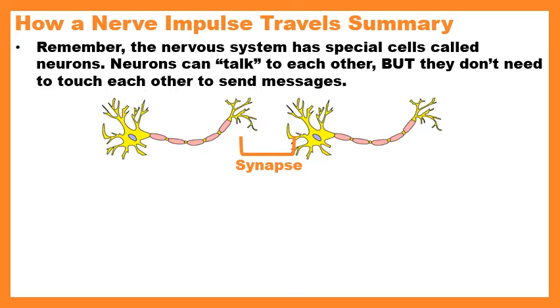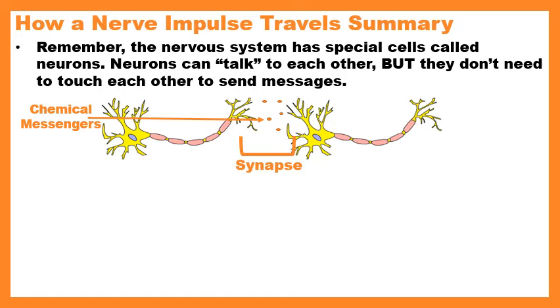Okay, and what's going to happen at the end of the axon, a neuron is going to release chemicals. And we're going to call these chemical messengers. A really famous chemical messenger that you might have heard of is maybe dopamine or serotonin. These are your feel good chemical messengers, that make you happy or make you feel relaxed. So one neuron will release that from the end of its axon, and then it's going to go to the dendrite of the next neuron.